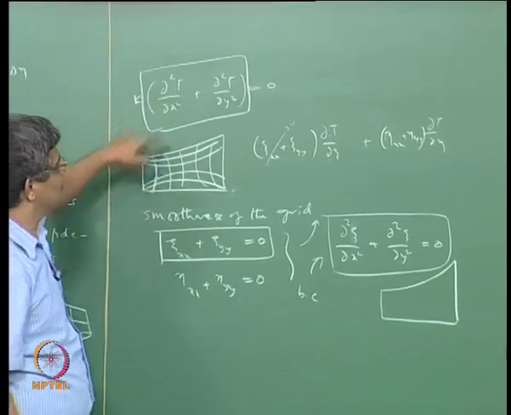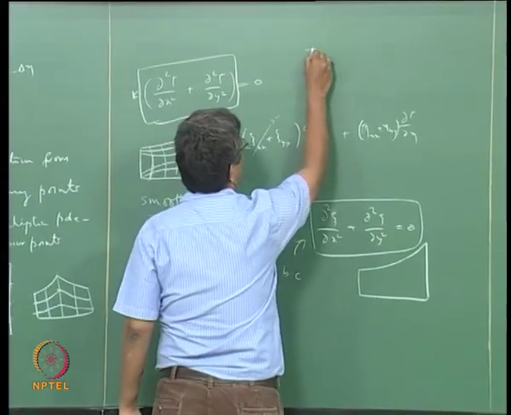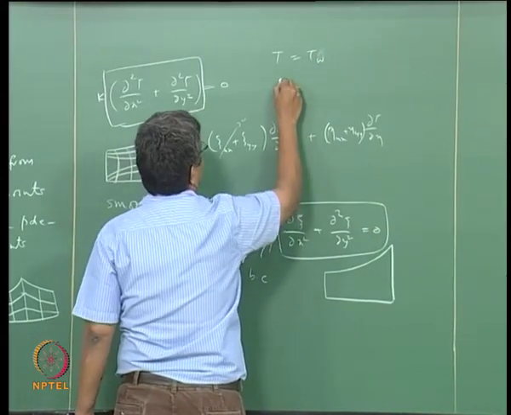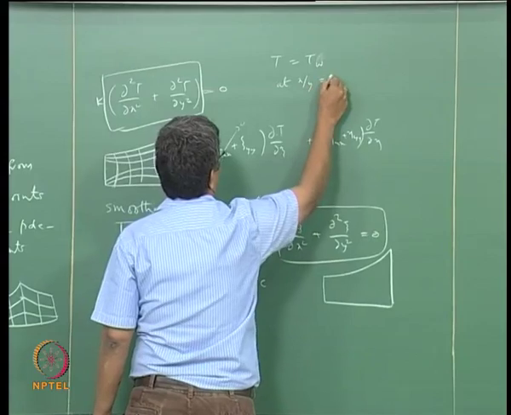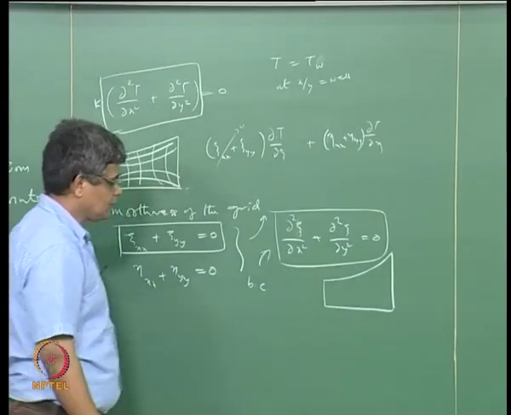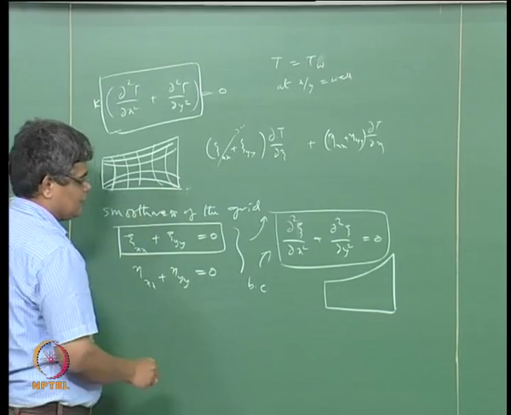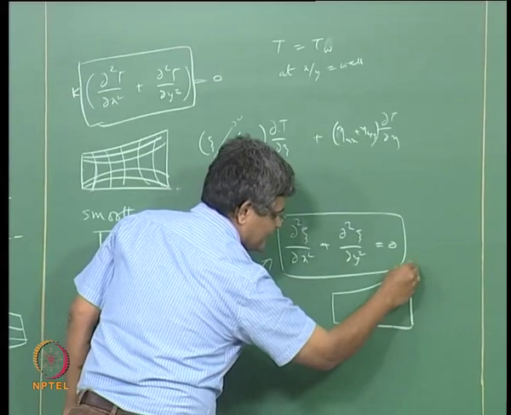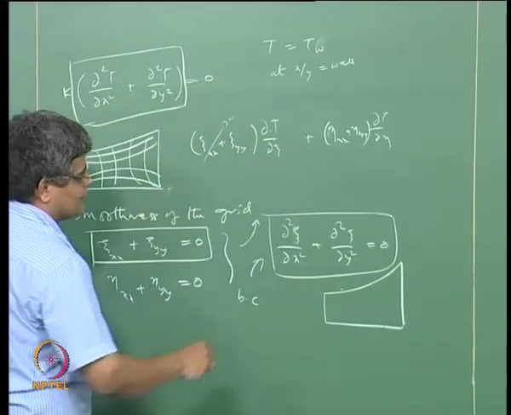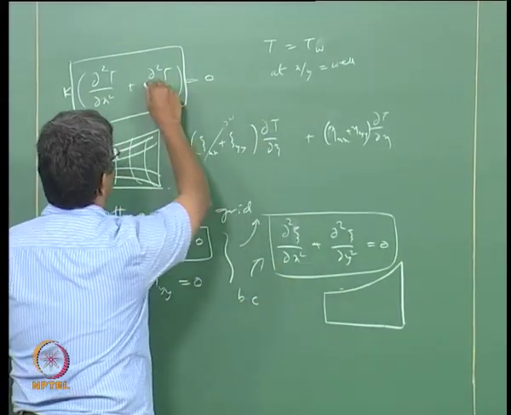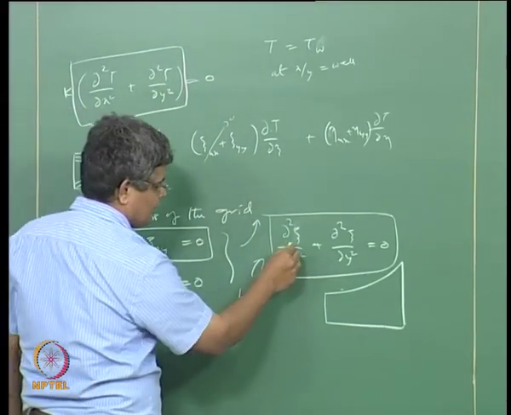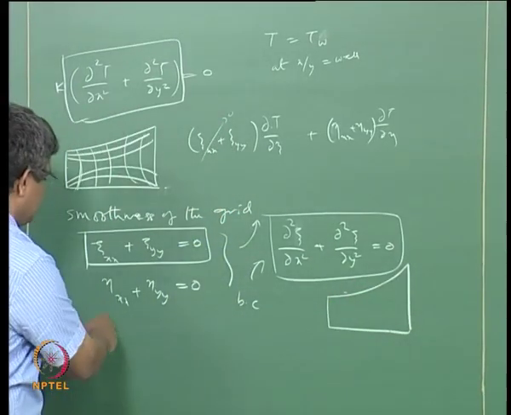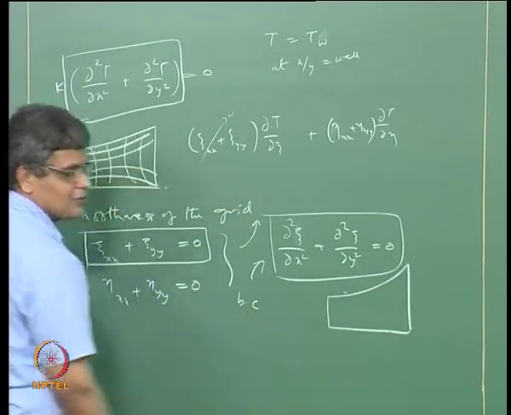So essentially we can specify the Dirichlet boundary condition that T equals some T wall at x or y corresponding to the wall. Essentially we are specifying the temperature here and here and here and here, and subject to those we can solve this. Similarly we need to have the psi values on these boundaries, and similarly here we need to have eta values on the boundaries.